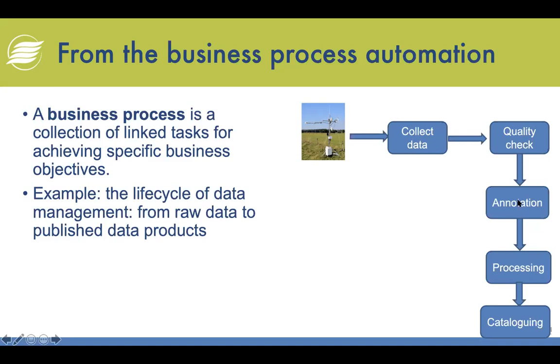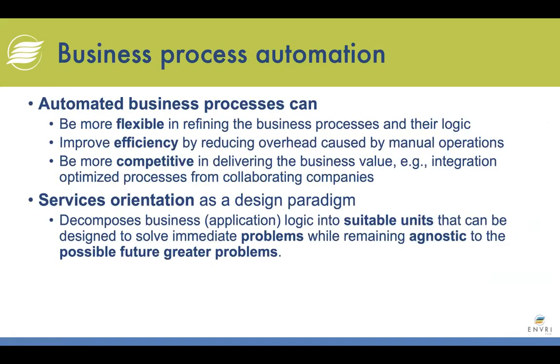Data quality check, annotation, and data product generation are probably all from different parties, offering different expertise to make this process work. So how can we make this collaboration between different parties automated, so that I don't have to send an email all the time to inform the next person, saying, hi, the data is ready, can you check it and send an email back to me about the results? This takes a longer time and sometimes gets delayed.